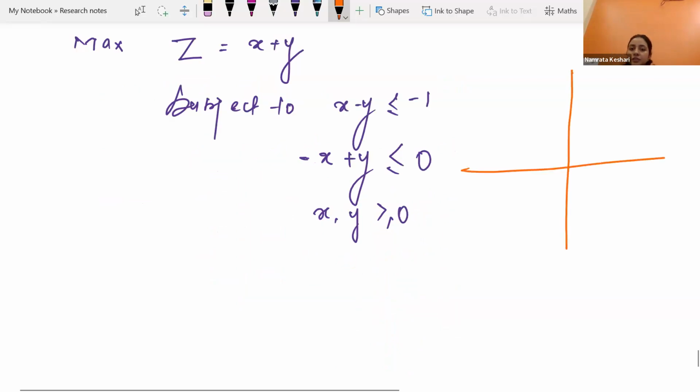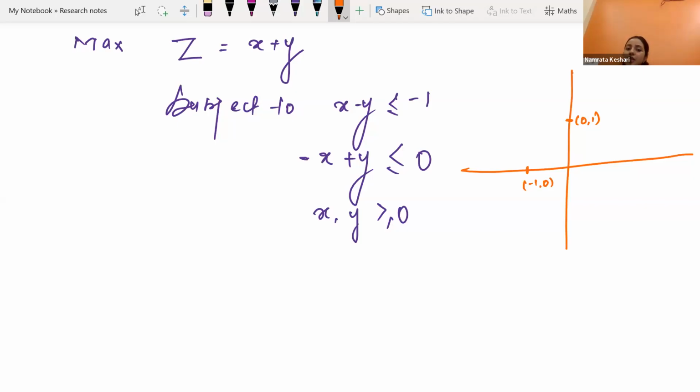Today you can give the assessment as well. Okay. X is 0, Y is 1. So somewhere here, X is 0, Y is 1. When Y is 0, X is negative 1. When X is 0, Y is 0.